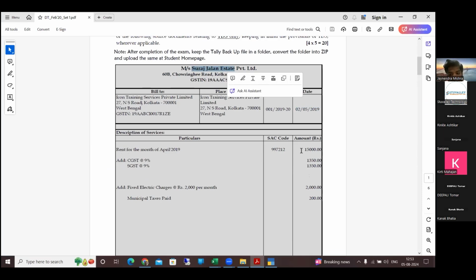So here Surat Jalan is providing services to our company. They are the service provider and our company is the service recipient. Whenever services are provided, GST will be there. So on 15,000, we have to pay the GST also. Therefore, here we have to activate it.